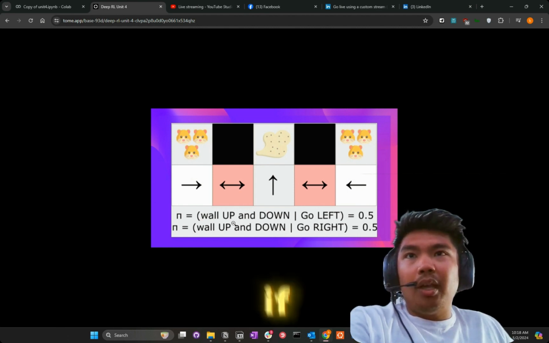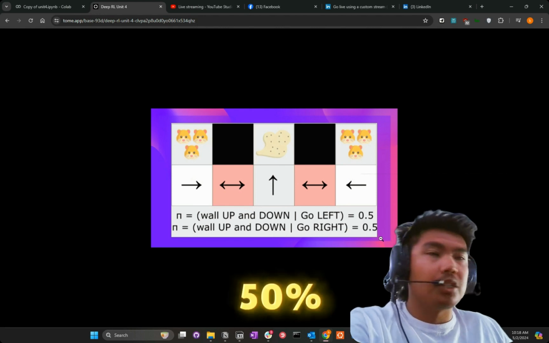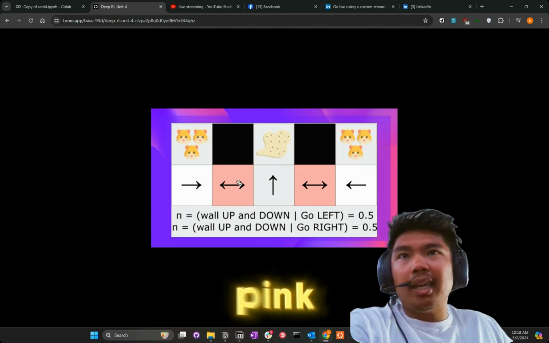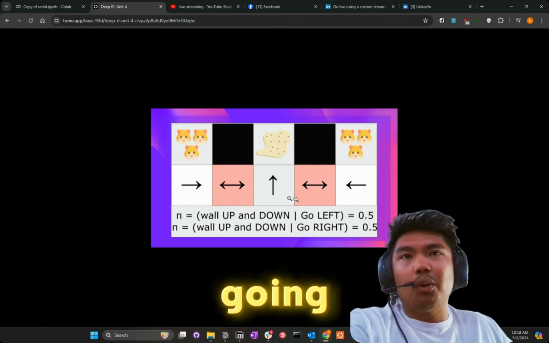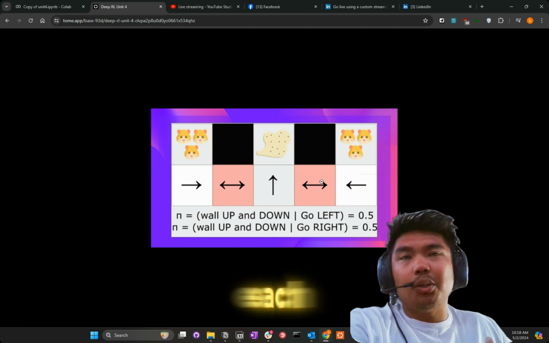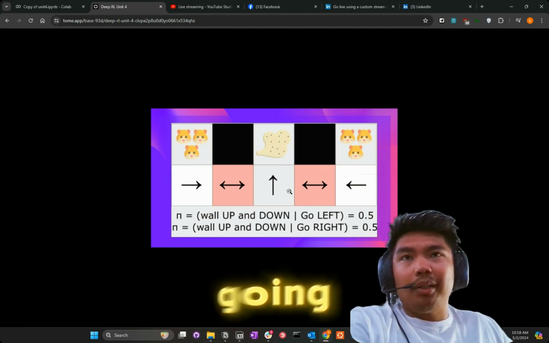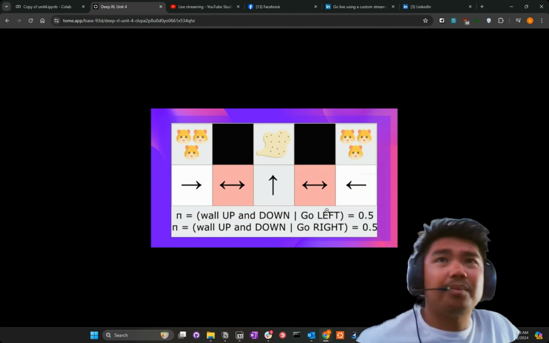If the wall is up and down, going left has a 50% probability, and going right has a 50% probability. They're talking about these two pink areas. If you're in these states, the probability of going left and right are equal to each other. Over several different training runs, it'll try going left again, or it'll try going right again in these states.